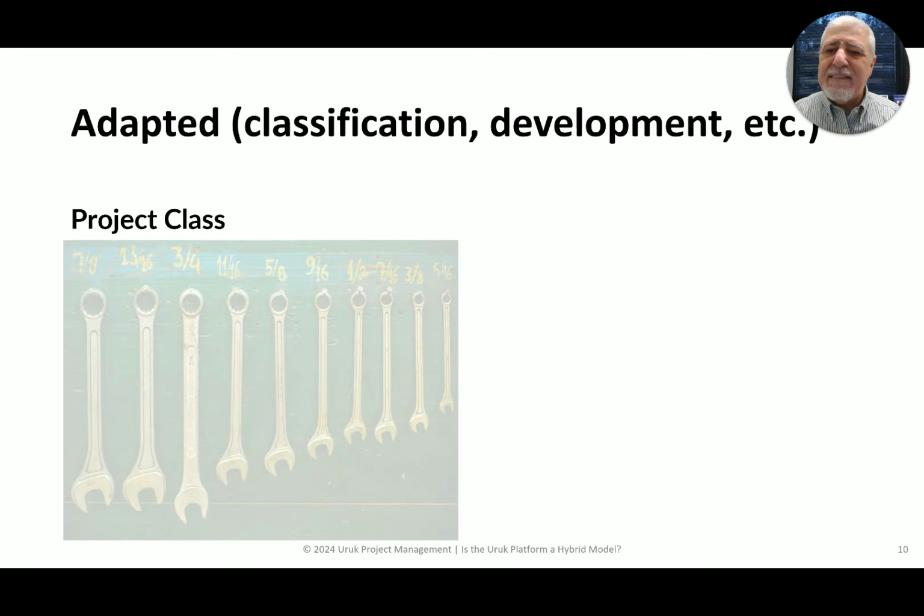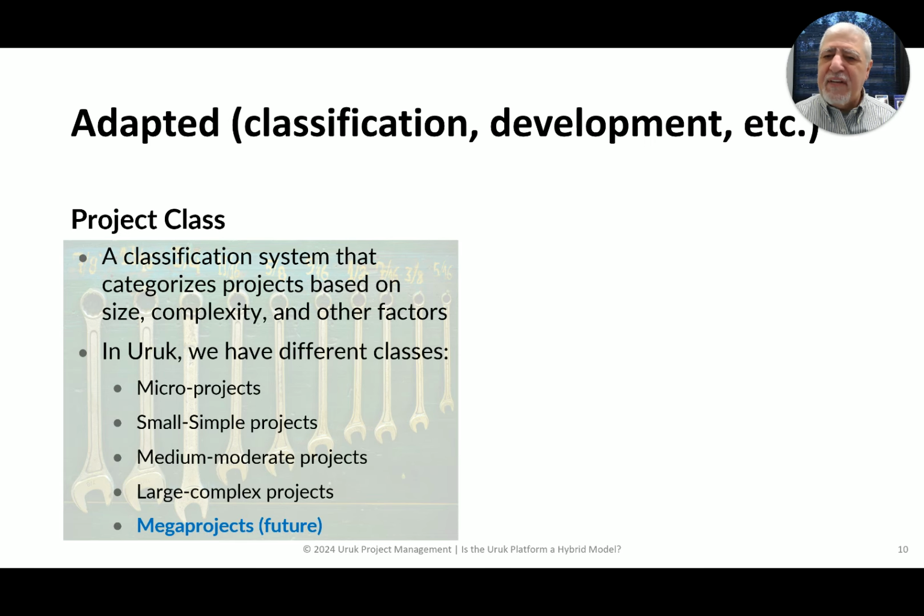Then we continue. Let's say we want to talk about a pipeline project, or a solar panel project, which is part of renewable energy, which is part of capital project. Now, what else do I need to know? Well, project class. That is a classification system that helps us decide the size and complexity.